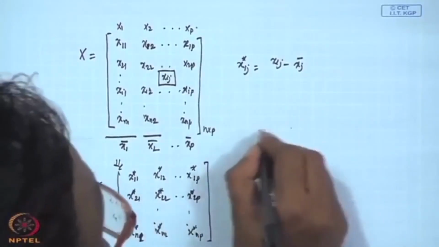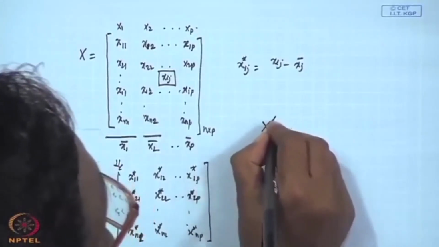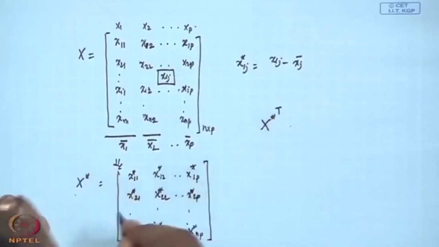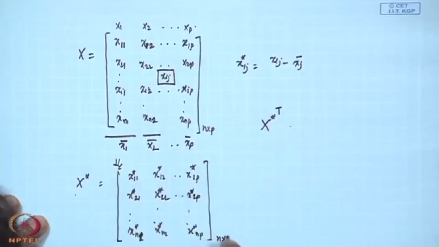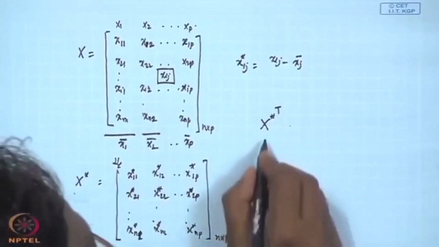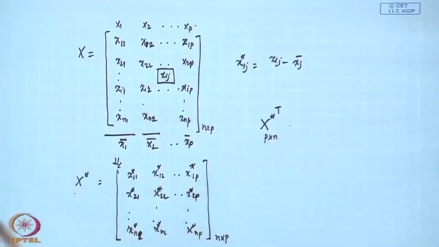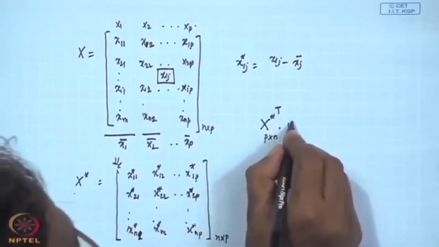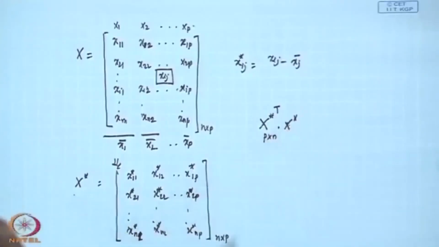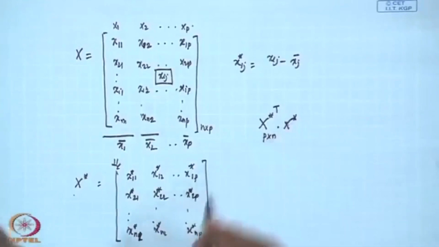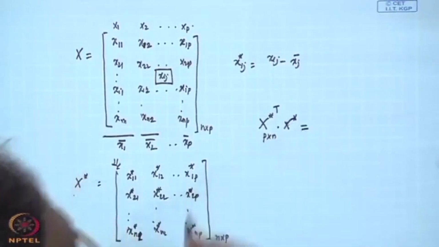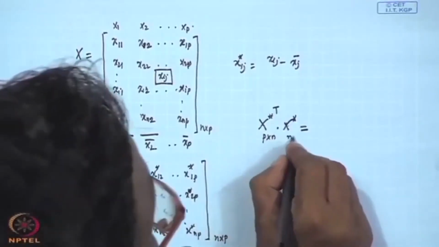Now, if you create this X star transpose, what will be the order of this matrix? p cross n. Take a dot product with X star, which is n cross p.